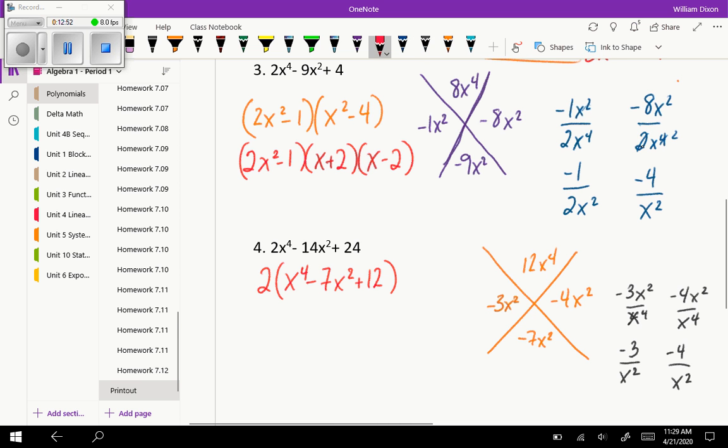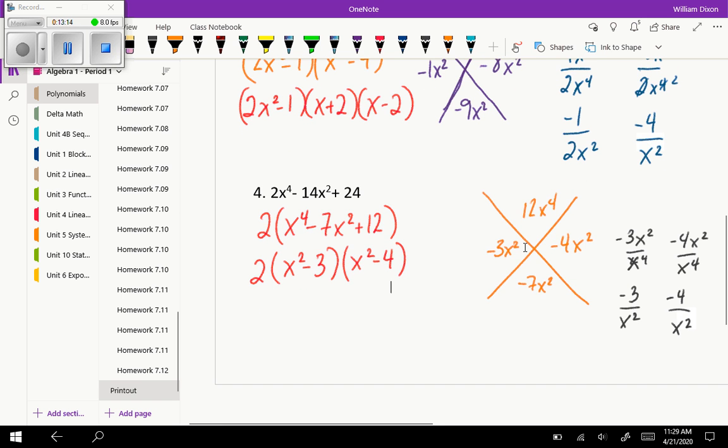So let's set up our binomials. I'm going to bring down my 2. I'm going to have x squared minus 3. And then my second binomial is going to be x squared minus 4. All right, so once again, I have the difference of two squares, two perfect squares, I should say.